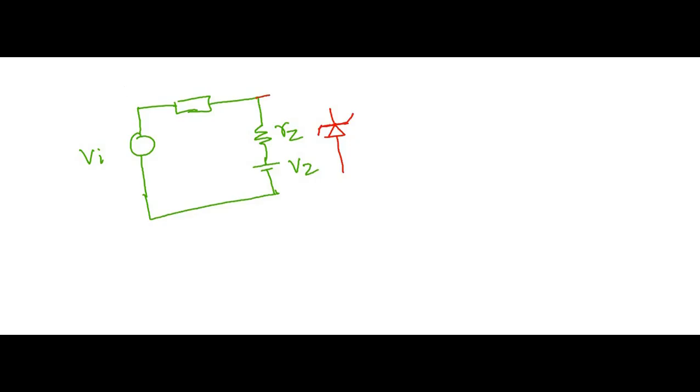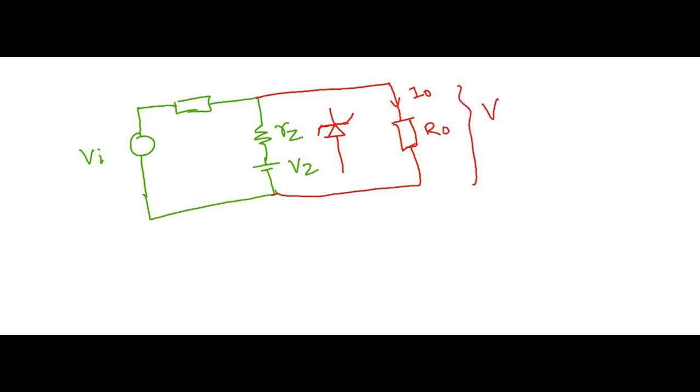Now you can draw your load. Let's say this is our load, the current flowing through it is I naught, and the load resistance is R naught. Now if you want to calculate the output voltage, this is your input, and this is IZ. So what is V naught?